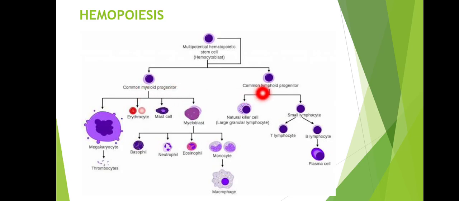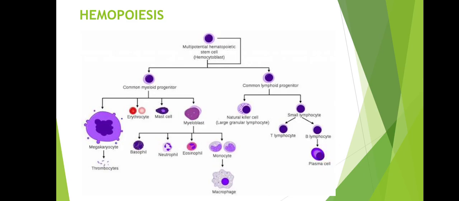Now, what gets produced from the lymphoid progenitor? We have the lymphocytes. We have two types: T lymphocytes, where we have CD4 cells and CD8 cells, and B lymphocytes, where we have the plasma cell.